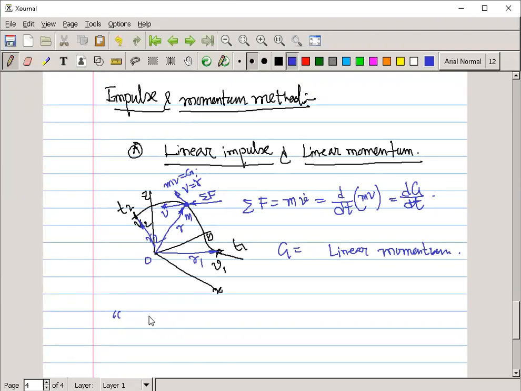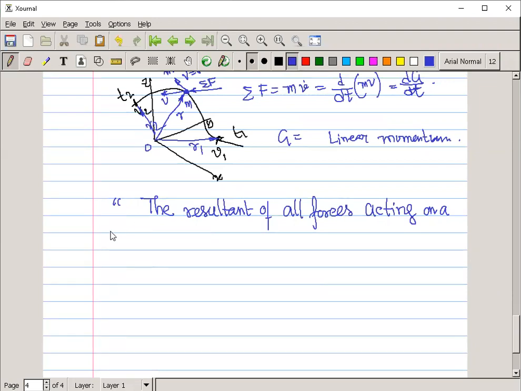Let's write this in such a manner: the resultant of all forces acting on a particle equals its rate of change of linear momentum.